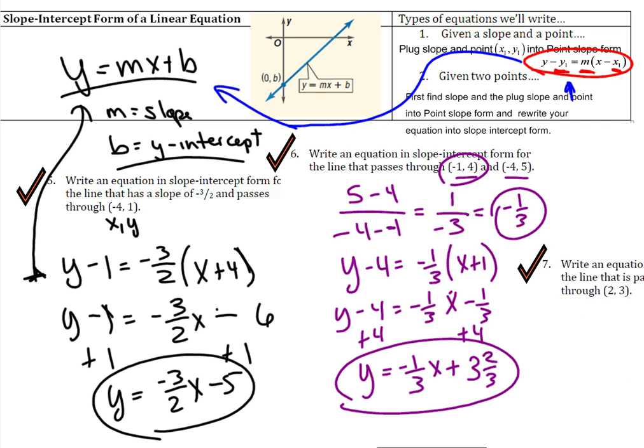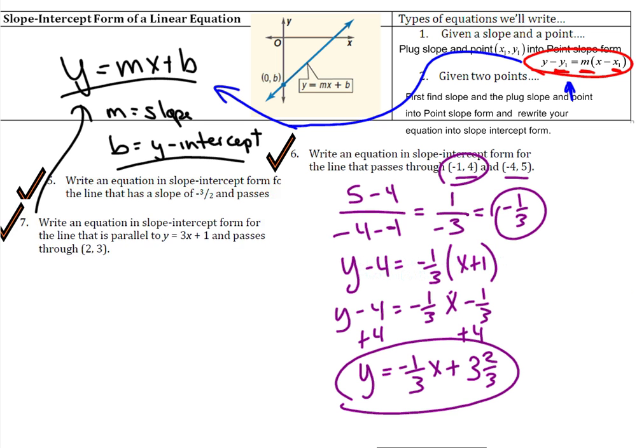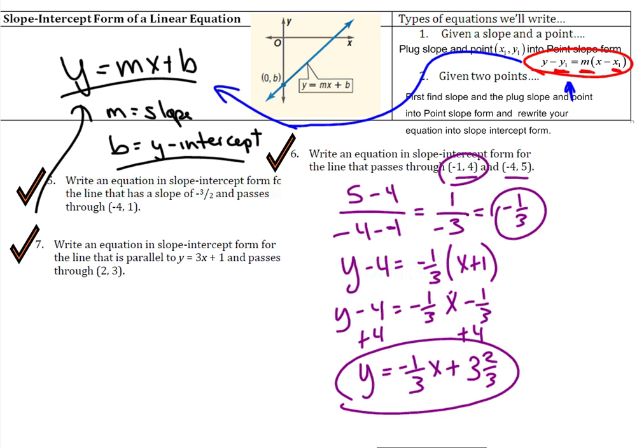So this last one, which I'm going to move back over here. Write an equation in slope-intercept form for a line that is parallel to y equals 3x plus 1 and passes through 2, 3. So this is a great problem because I want to take this point, and I want to take the slope off of this. So there's my slope right here, 3. 2, 3 is my point.